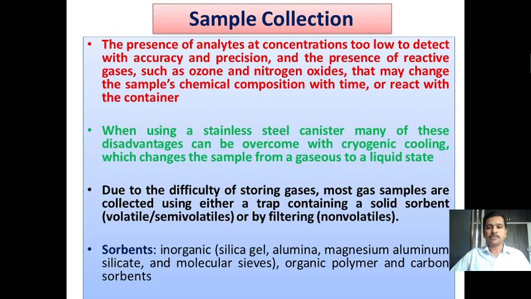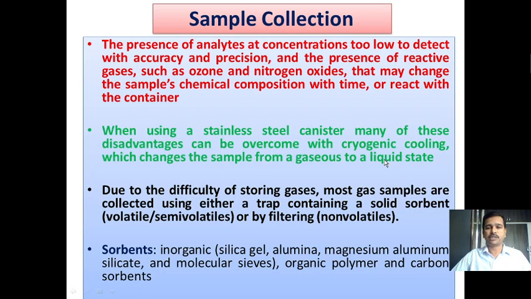Cryogenic cooling means you can decrease the temperature of the atmosphere while collecting the sample. Decreasing the temperature during the collection of the sample will convert all those gaseous samples to the liquid state. So the collection of these liquid samples and the maintenance of these liquid samples in the container will become very easy. So this is nothing but cryogenic cooling.